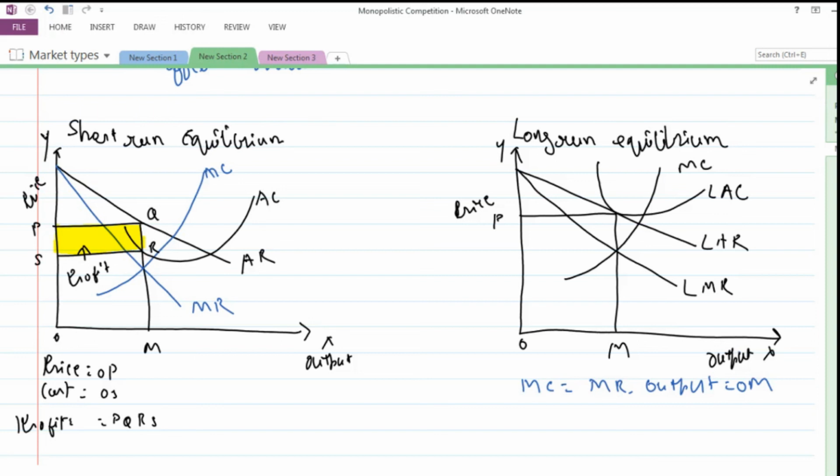The price is equal to the average cost, and there is no extra profit; only normal profit is earned in this case. So this is the place where the long run equilibrium would be established for a particular firm.